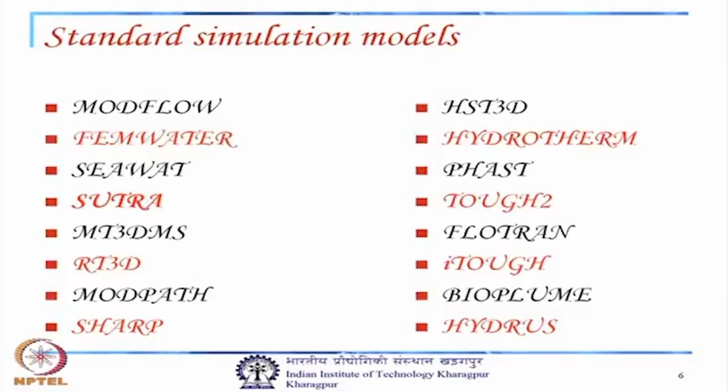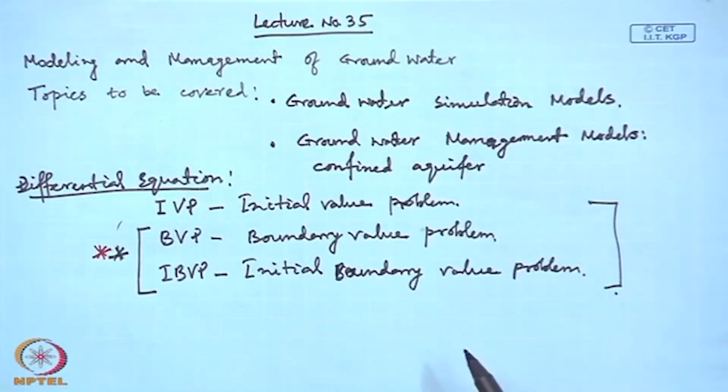I am talking about hydraulic management because if we are talking about the flow part only, then only we say it is hydraulic management. Otherwise, we need management models with transport mechanism.